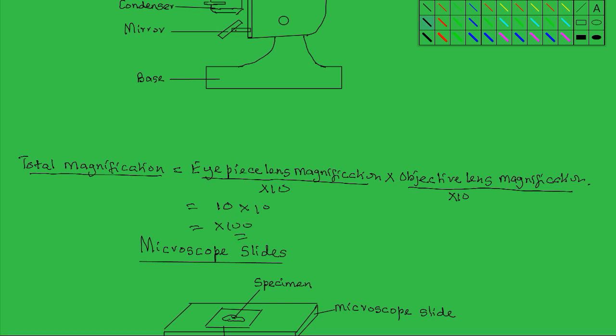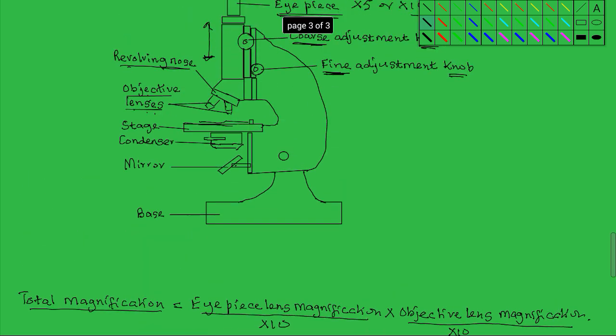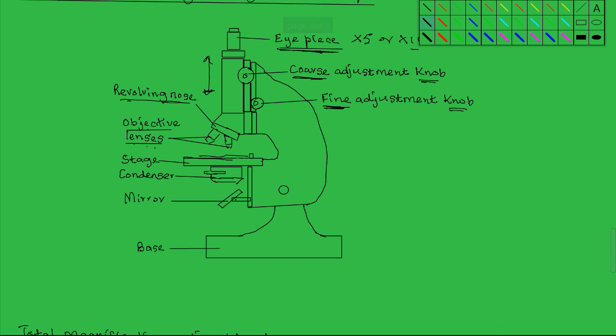So the object that is viewed under the microscope will appear 100 times larger.